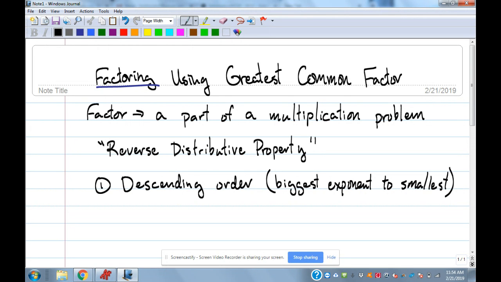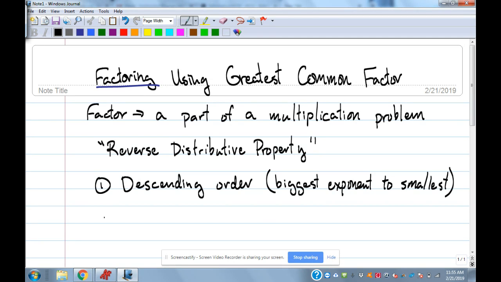That's going to make things easier for us when we're factoring throughout the whole unit of factoring. So make sure that polynomial is in descending order. Remember, we wrote our answers in descending order when we were adding, subtracting, and multiplying polynomials. So if we can start with the polynomial in descending order before we do anything, that's going to help us factor in more of a systematic way. So descending order before we do anything else.